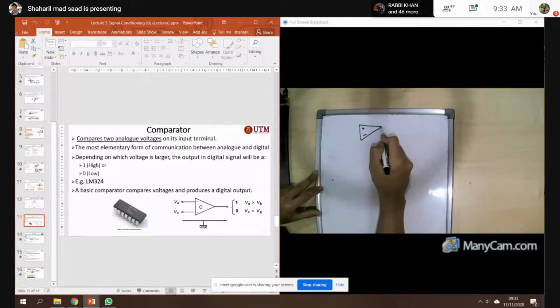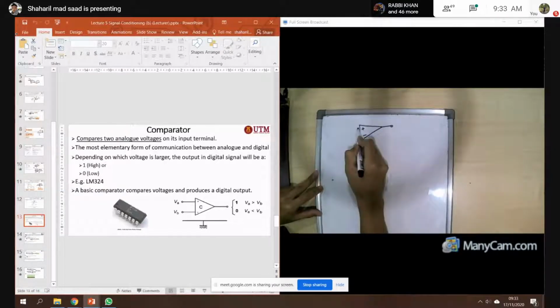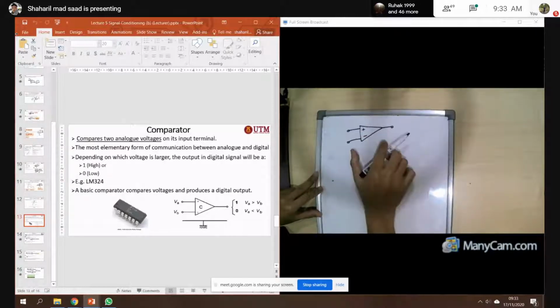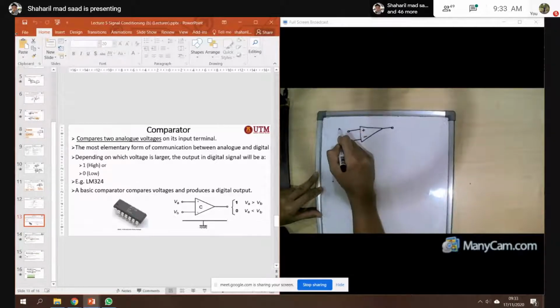Why do I draw it like this? This op-amp has three pins. To make it a comparator, you can have an analog voltage here, for example VA, analog voltage 1, and the analog voltage here is VB.